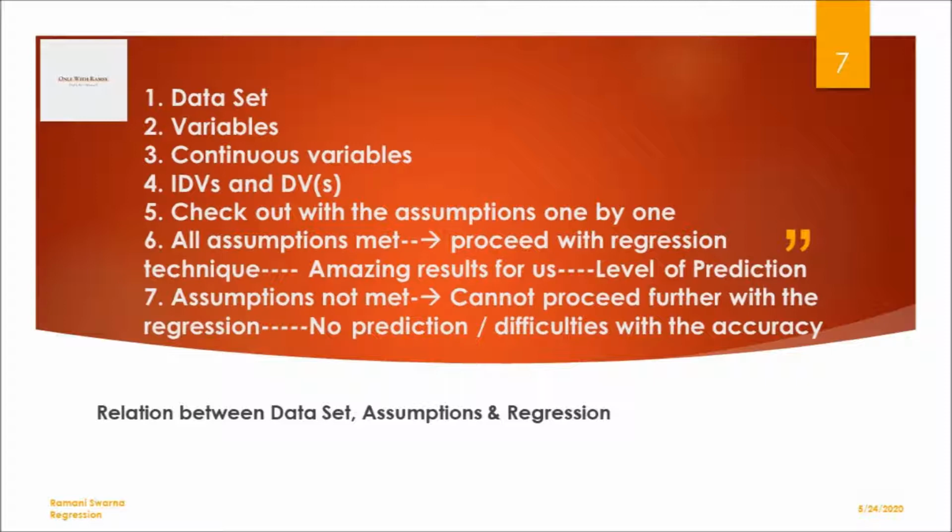Independent variables, dependent variables. Then I said that yes, there have to be certain predictions. However, in order to make those predictions, I need to see what those assumptions are. And where are these assumptions coming from? From the data set itself. That means I have to observe my IDVs, that is independent variables, on one hand, and on the other side dependent variables, and I need to understand what kind of assumptions are present.